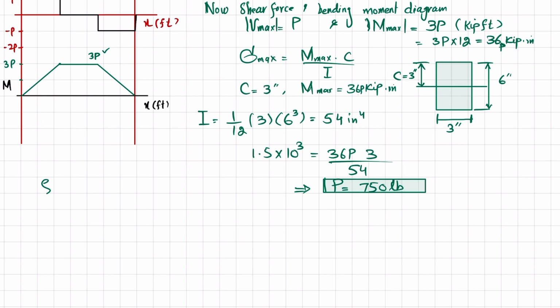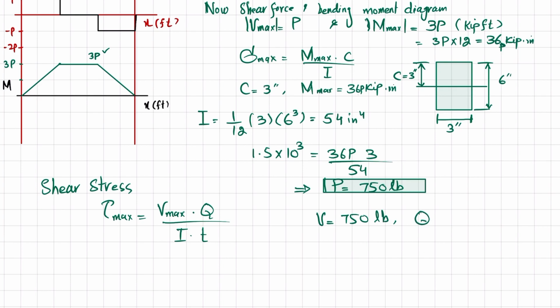Now this is the P, so we will get confirmation whether it satisfies the maximum shearing stress or not. For that, we know that maximum shearing stress is equal to maximum shear force into Q divided by I into T. So V is given as P, so P is 750 pounds. What is Q? Q is equal to A into Y dash. What is A? A is the area about the neutral axis.